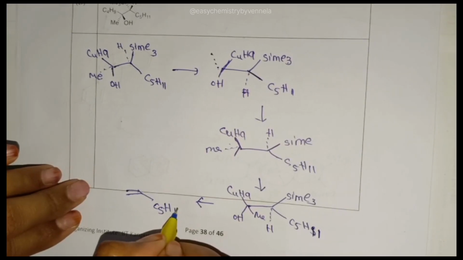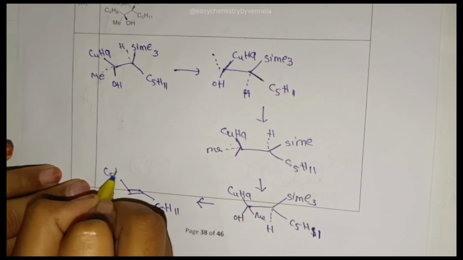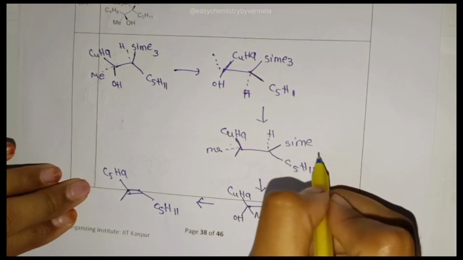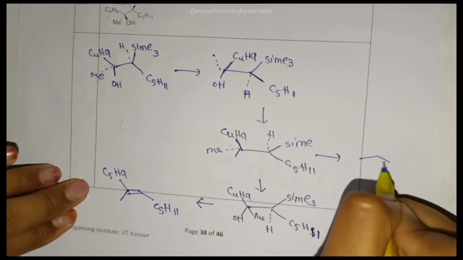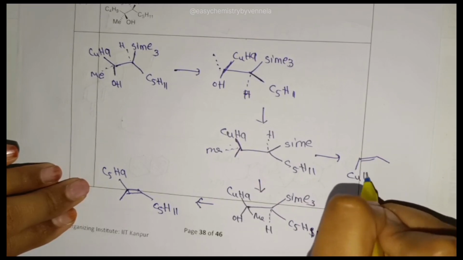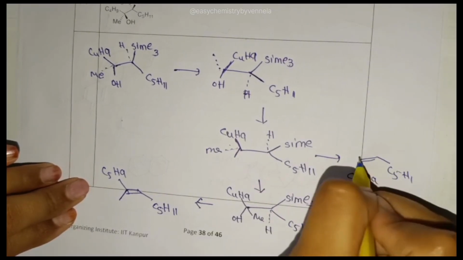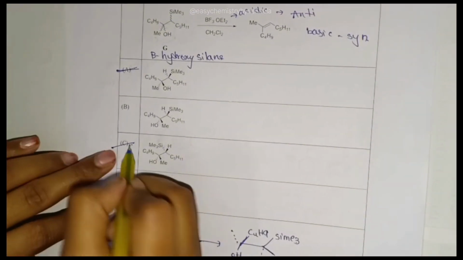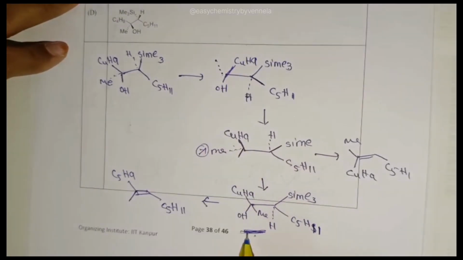This can form product like this. C5H11 and C5H9. Here this one, the product is like this. C4H9, C5H11. This is methyl. So next correct option is C. This is the final. This is A and this is C. These two are the correct options for this question.